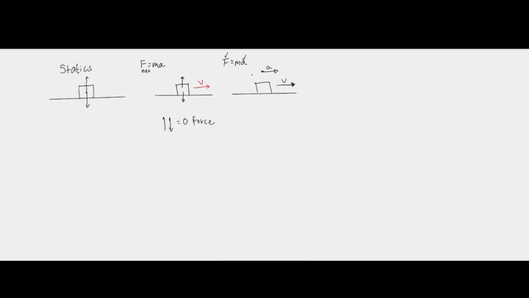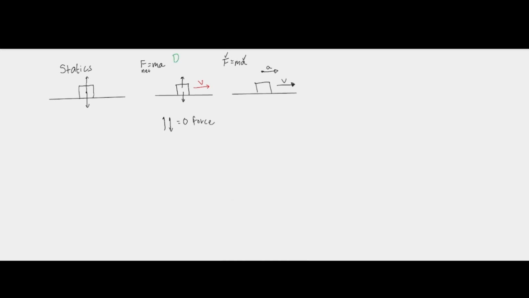So these are the three cases. We have something that's not accelerating, that's standing still. That's called a statics problem. And then we have these two movement problems where something can be either undergoing acceleration or it can be moving at a constant velocity with no acceleration. So these two cases on the right-hand side, these are called dynamics problems.